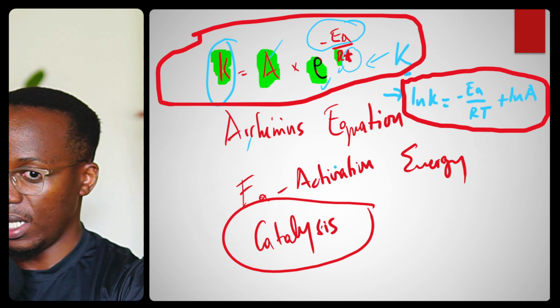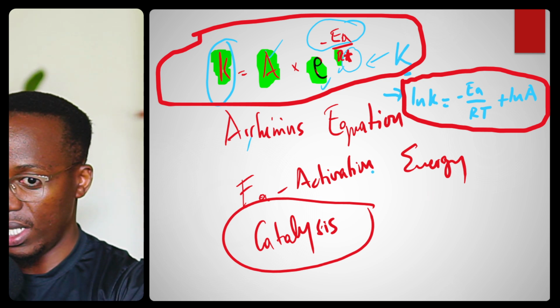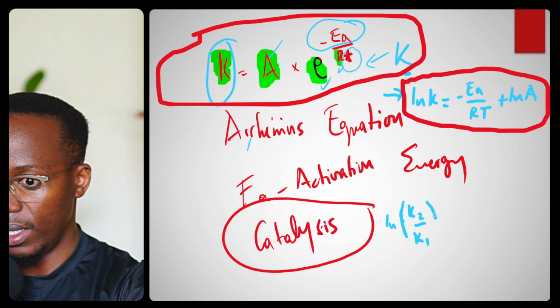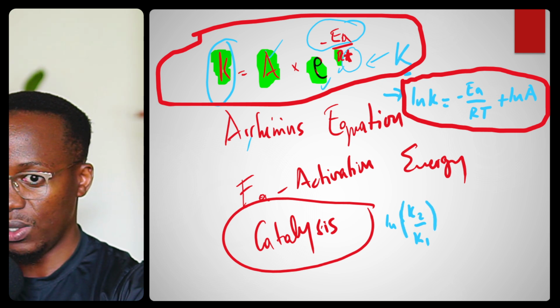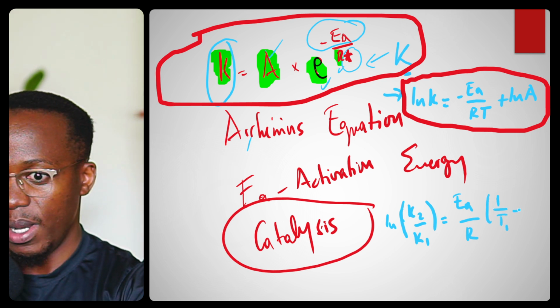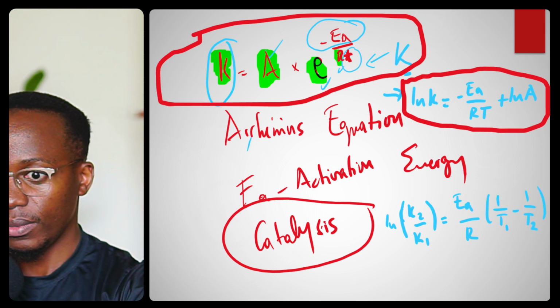I can easily measure the activation energy by saying, hey, ln of K2 over K1, right? So this is just moving these two reactions. I can say ln of K2 over K1 is equal to EA, which is activation energy, over R, right, times 1 over the temperature minus 1 over the temperature, right?